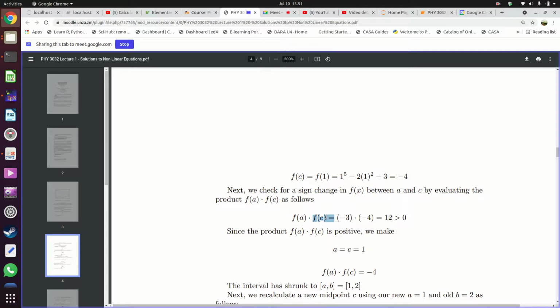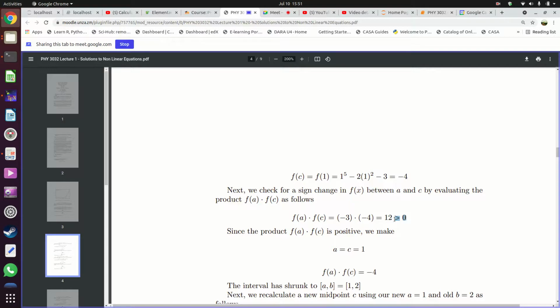Yes, it is. So we know f of a is minus 3. Then f of c is what you have found here, it's minus 4. So minus 3 times minus 4 gives you 12. 12 is greater than 0, so this is positive.